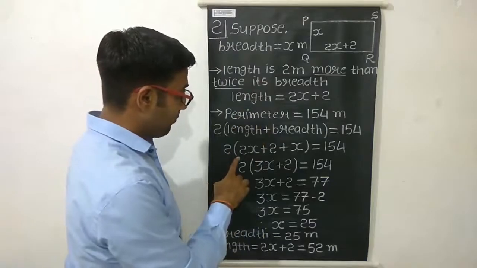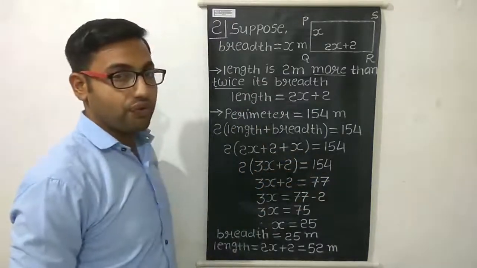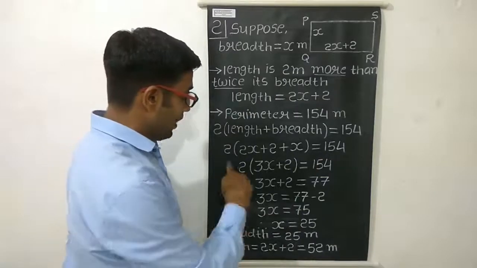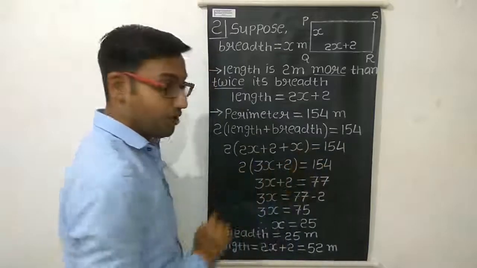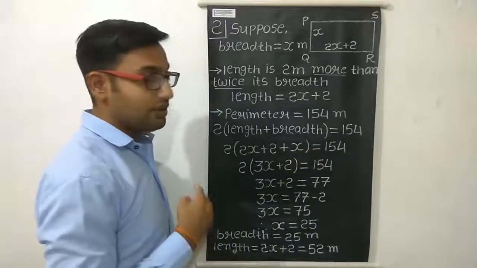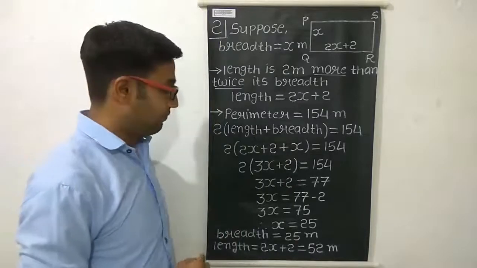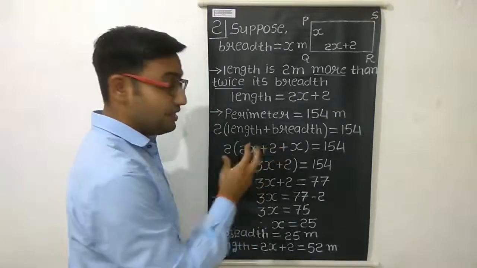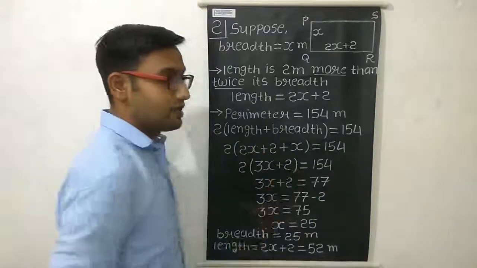So 2 in the bracket 2x plus 2 plus x is equal to 154. Now you can see that this is an equation in which there is only one variable and the power is also 1. So this is a linear equation in one variable, in which one side there is a linear expression, and the other side there is a number.